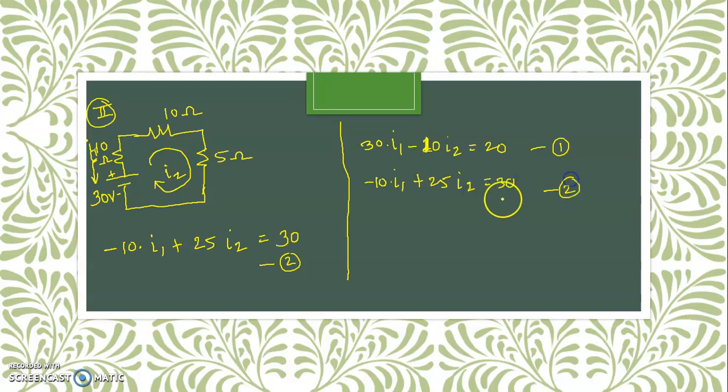Put these two expressions in the calculator and find out the values of I1 and I2. That will give you the values of mesh currents. Okay, so that's all with the second example on the formation of expression by inspection.